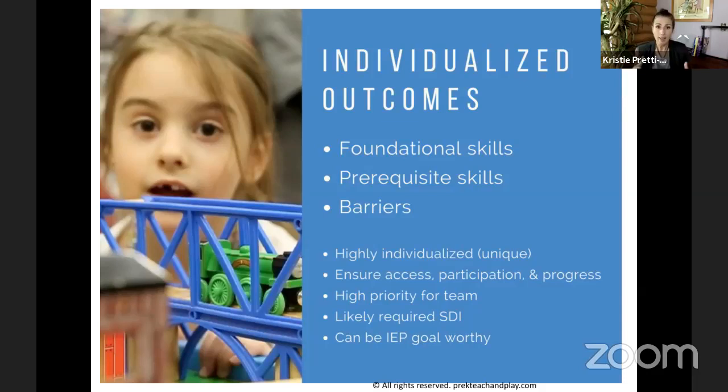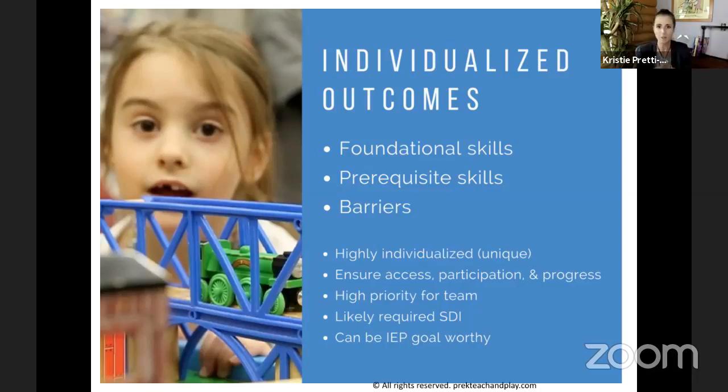So these are highly individualized. They are always selected to increase access, participation, and progress in the general curriculum or, for preschoolers, appropriate daily activities. Everyone on the team, and that always includes the family, considers them a high priority. It's likely that specially designed instruction will need to be delivered, and they're what we call IEP worthy if they're an IEP goal, but that's a whole other conversation.